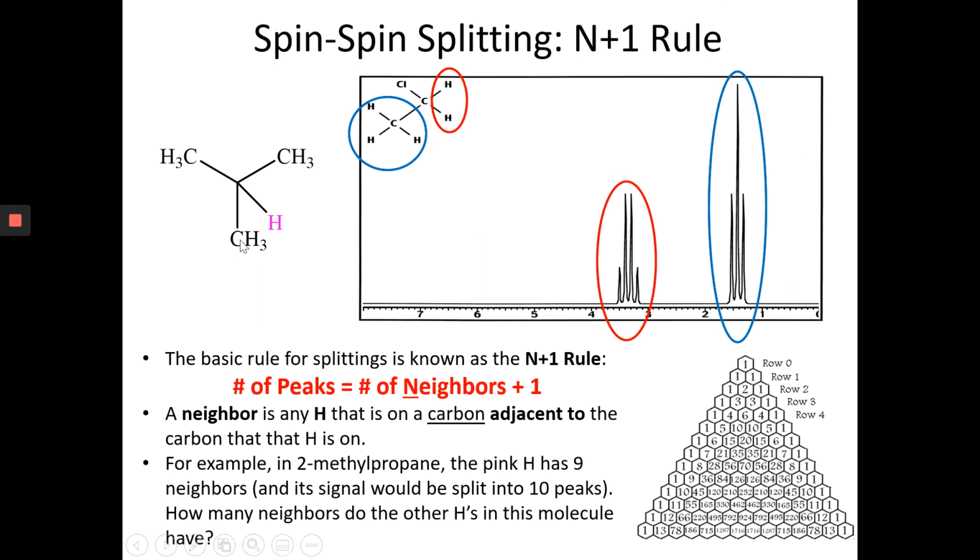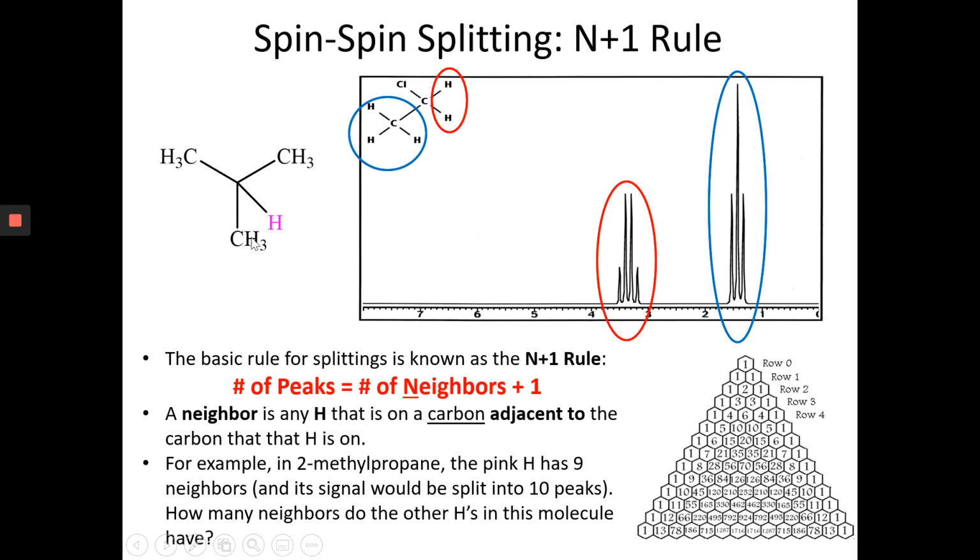Okay, these hydrogens down here, how many neighbors do they have? Well, they're on this carbon, so they're not neighbors with each other. We have to go 1 carbon away. 1 carbon from this carbon is this carbon. How many hydrogens does this carbon have? It only has 1 hydrogen, pinky. So these down here only have 1 neighbor.